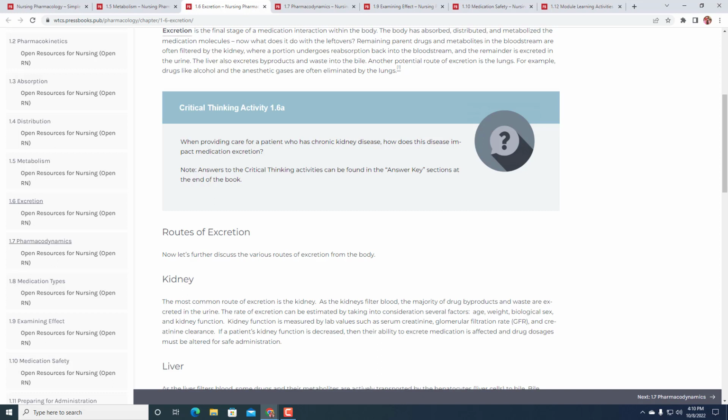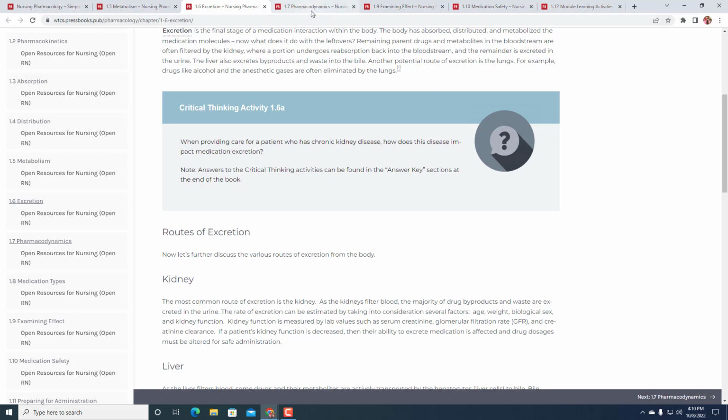They're just kind of hanging around, and we have a very similar effect to the liver. Just to be clear, with the liver, it hasn't been able to break it down, and we keep more medication around. With chronic kidney disease, the medication excretion is going to be slowed down because we just can't get rid of it. The kidney's damaged. Okay, let's go on to the next one.